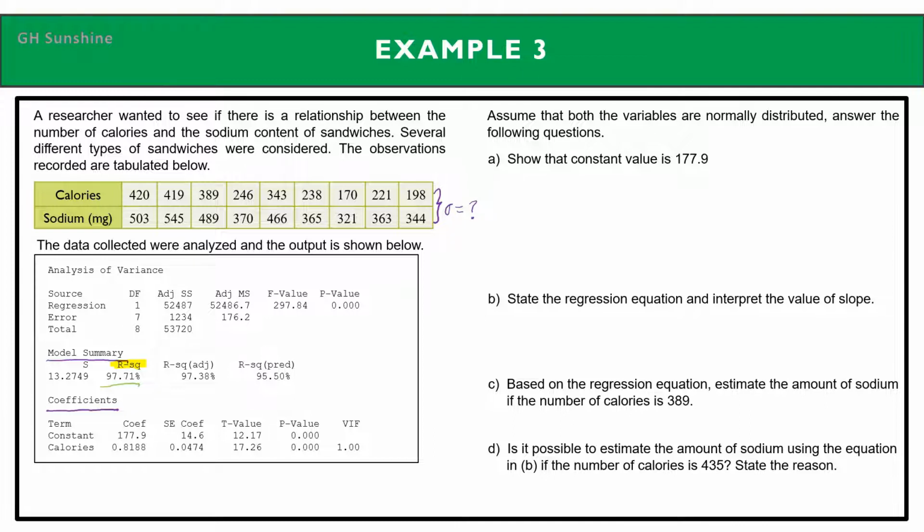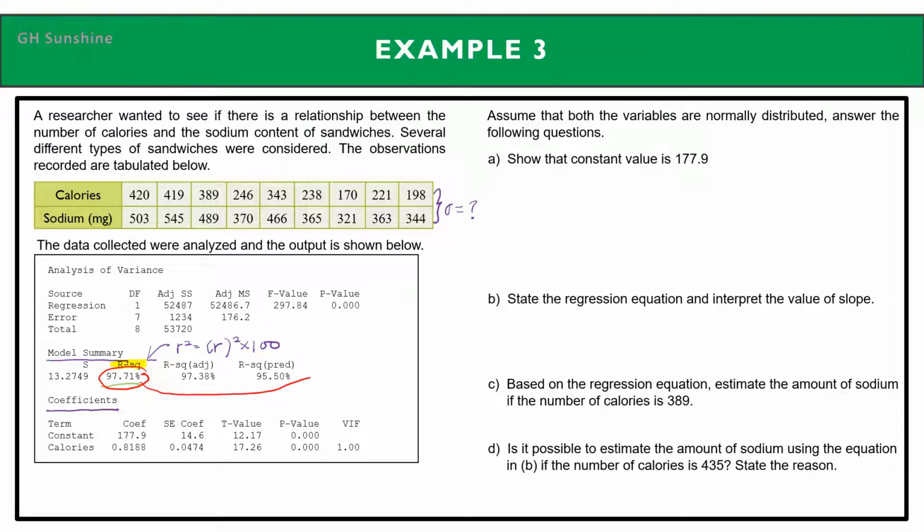Next, from the value of R, you can calculate R squared. So R squared equal to the correlation coefficient value squared times 100. From the R squared value, you want to know what is the correlation coefficient value.